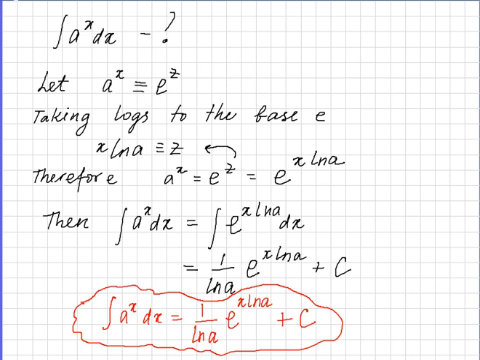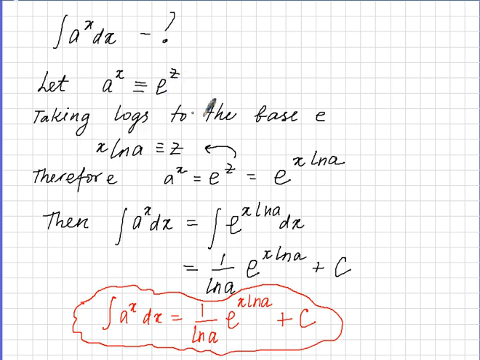Alright, let's look at how to integrate an exponential function in which the given base is not e but is a. So the base must first be changed to e. So let a to the power of x now be written to the base of e. So our index is going to be somehow z, and we need to find that z.